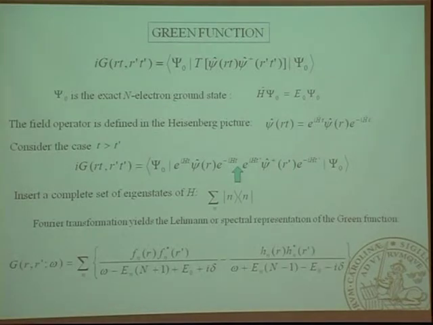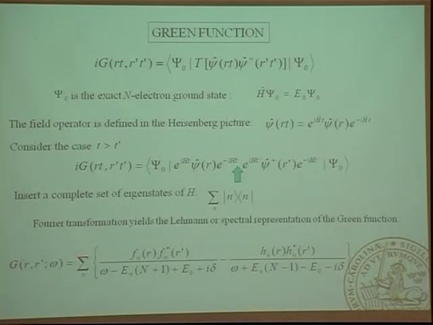So the spectral functions of the photoemission experiment can be compared with the spectral functions that we get from the Green's function. I think Vijay has already described this, so I will just go through it quickly.